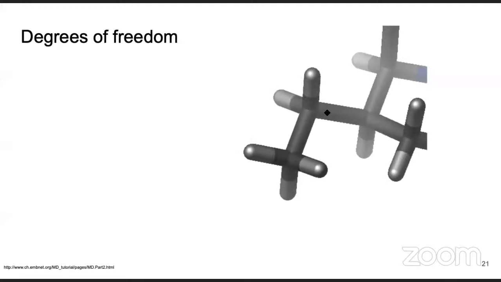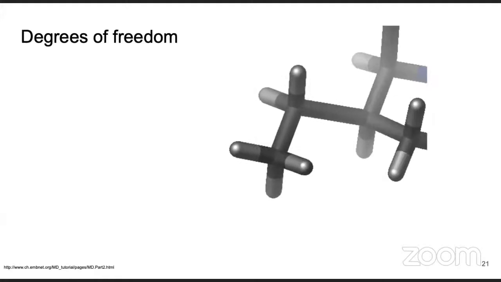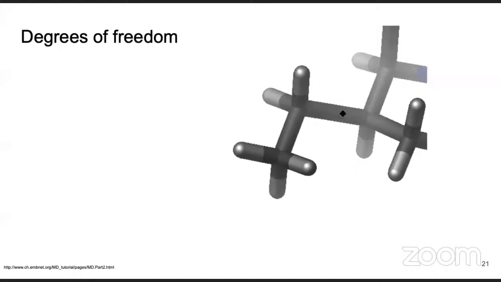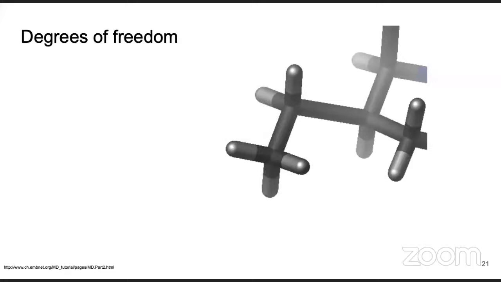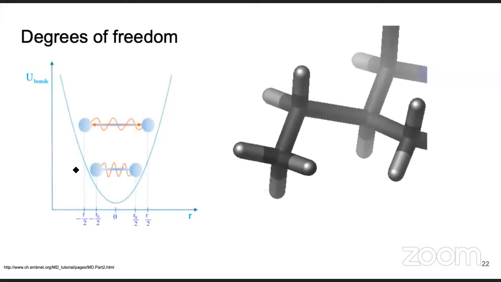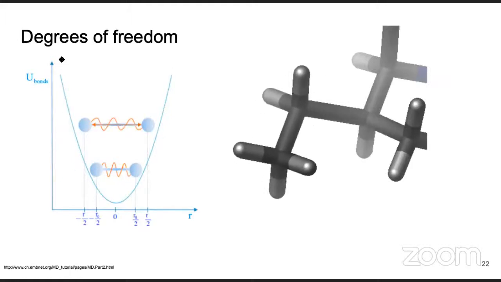And when you talk about this bond stretching, you talk about degrees of freedom, right? Now, there are several degrees of freedom when you are talking about protein structures. So, for example, in case of two atoms, you can think about it as a spring and model the amount of energy as a harmonic potential, right?